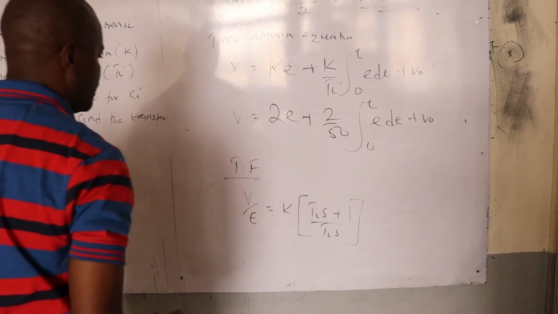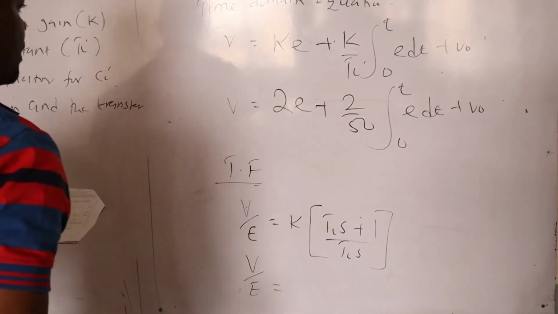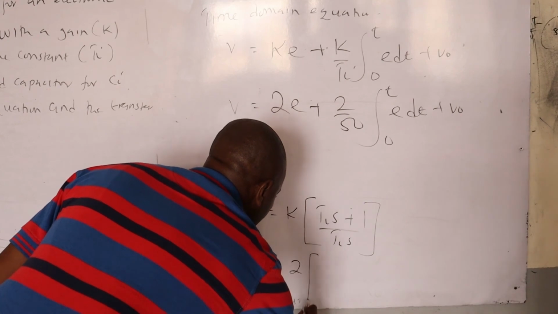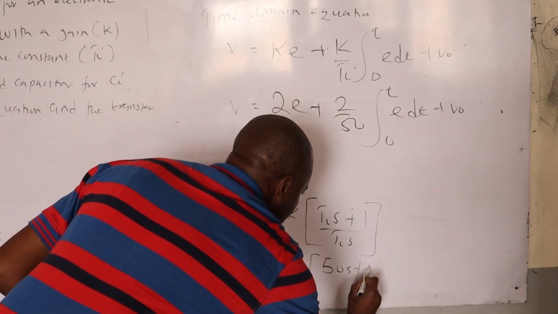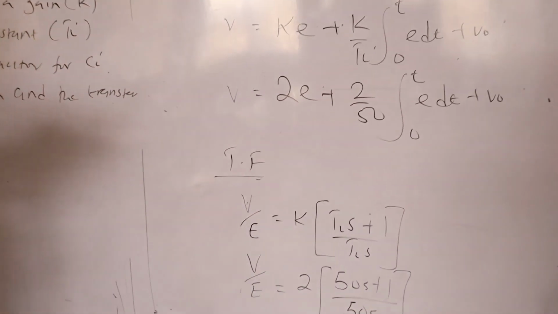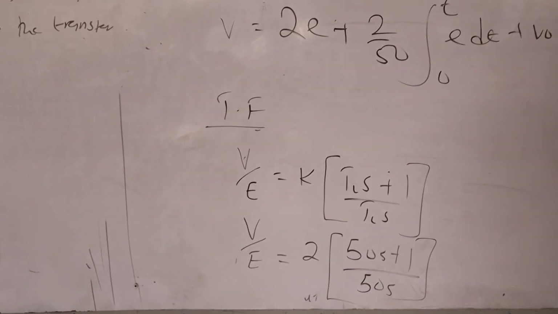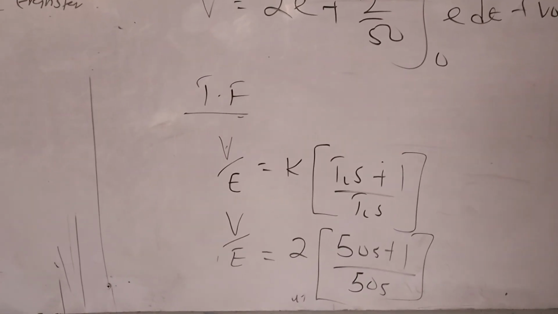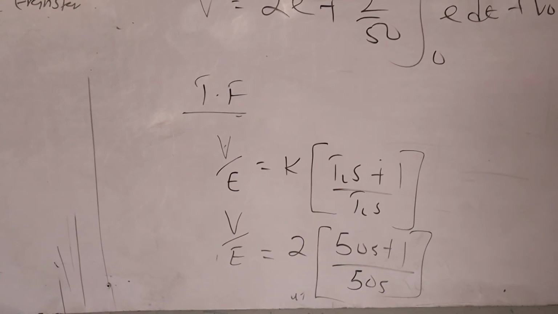So you simply put in the values: v over e is 2 times 50s plus 1 all over 50s. With that, you will have solved what is asked, especially if you are asked to obtain the transfer function.